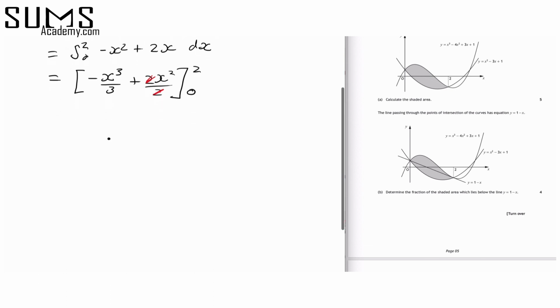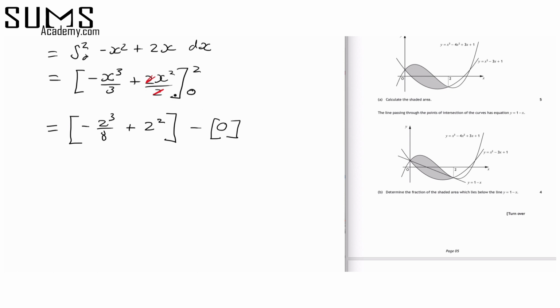And now we can substitute in these limits. So equals minus 2 cubed over 3 plus 2 squared, minus 0, because again all x terms, when it's 0, are just going to be 0.